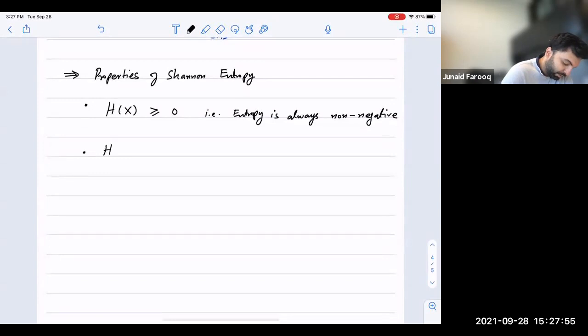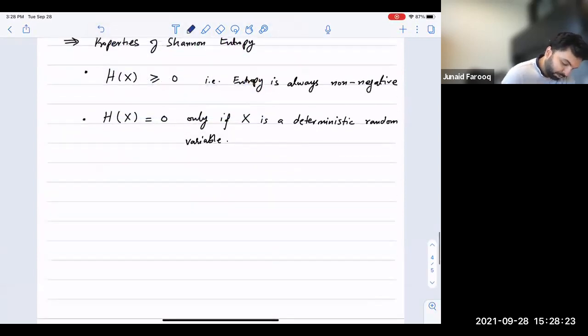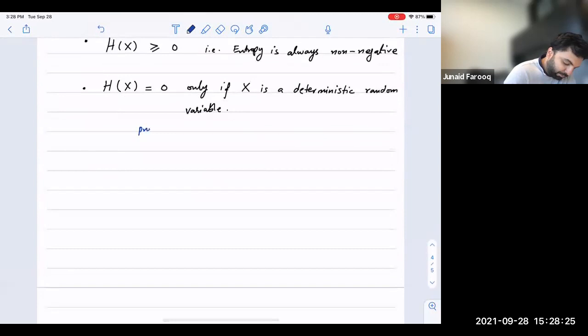If you notice, the entropy is 0 only if X is a deterministic random variable. Okay, and let's do a quick proof here.